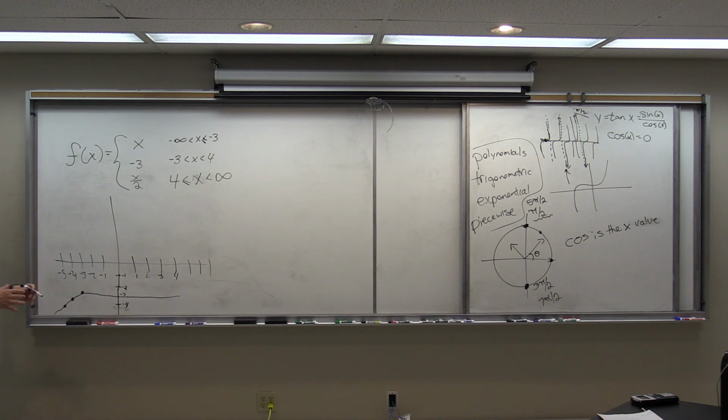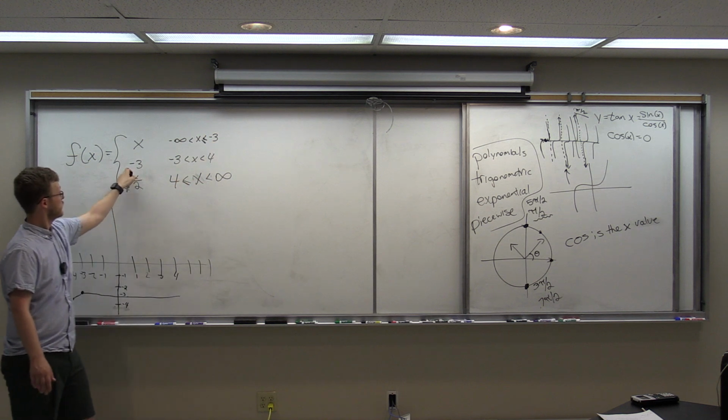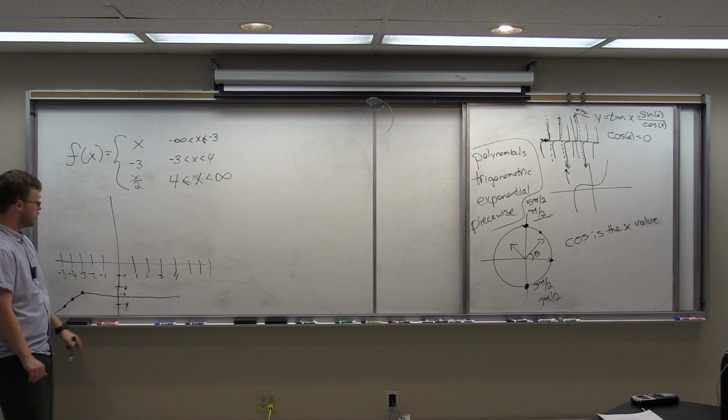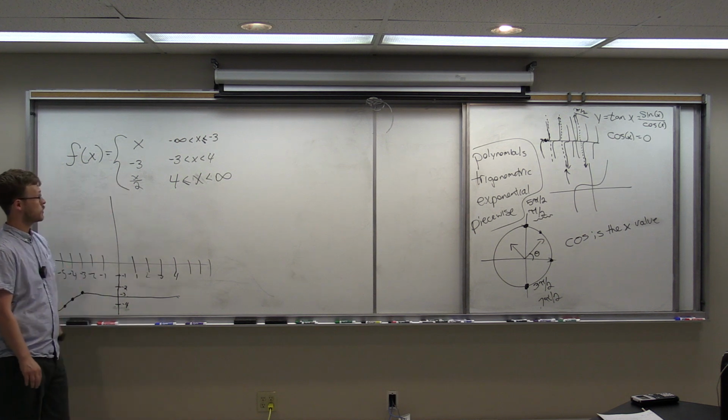So we are building a function by stitching together other functions. It started with y equals x. Then as soon as you got to negative 3, it turned around and it became a new function, the constant function negative 3. And now, from 4 onward, it is x over 2.